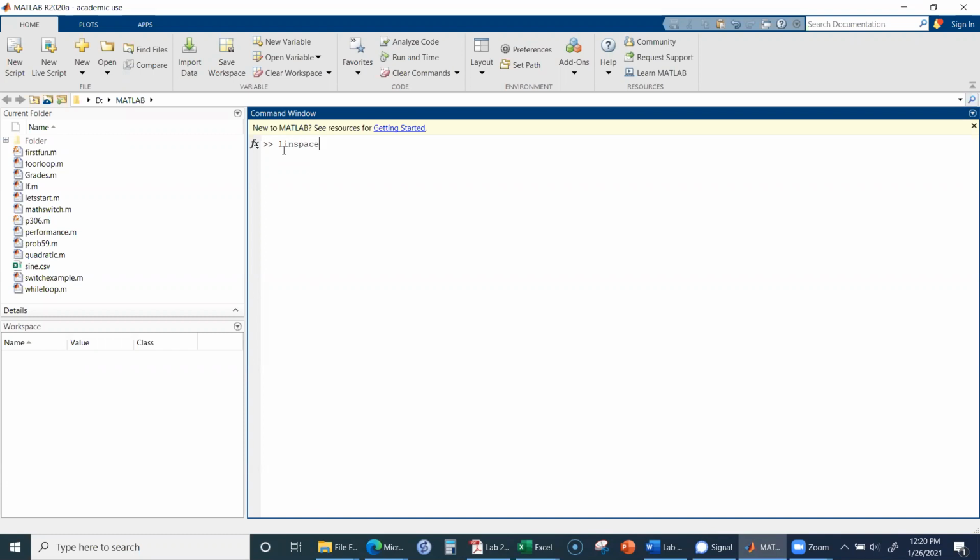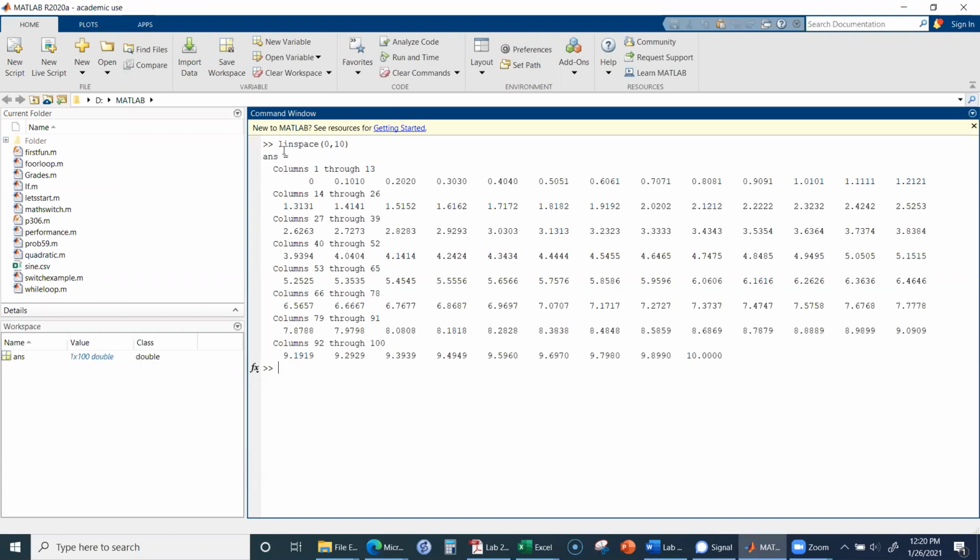If I say linspace from 0 to 10, it will generate 100 numbers equally distributed from 0 to 10. You can see that it will start from 0 to 10, with 100 different points, because I did not specify the interval. So by default, linspace takes 100 equally spaced points.